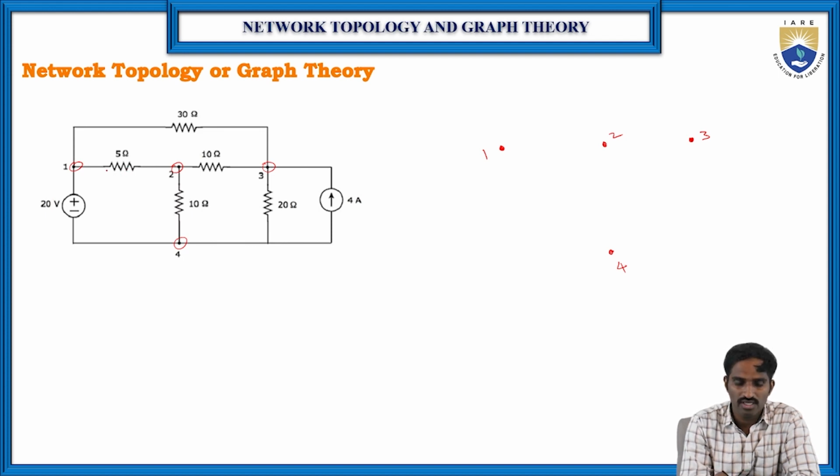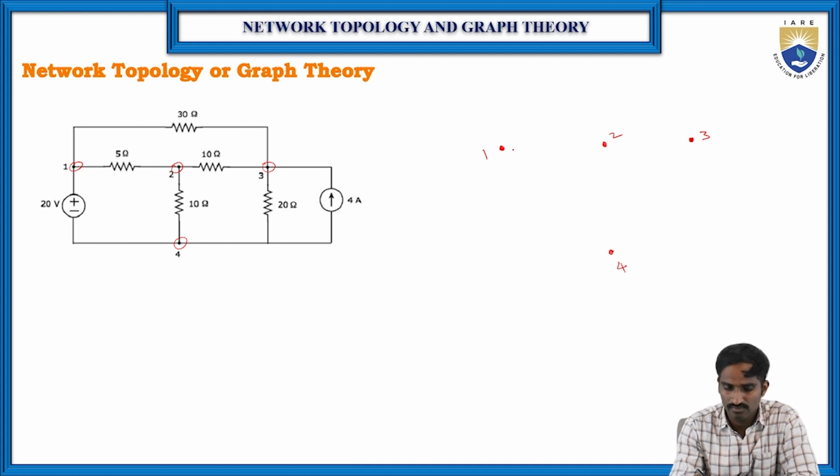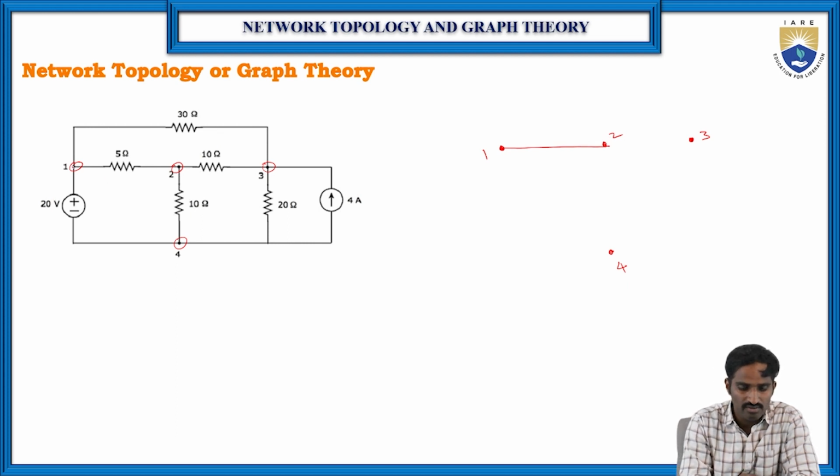According to graph theory, all the passive elements are replaced with a short circuit. So between 1 and 2, one short circuit. Next, between 1 and 3, again only one resistor is there, a passive element of 30 ohms, so we replace it with one short circuit.